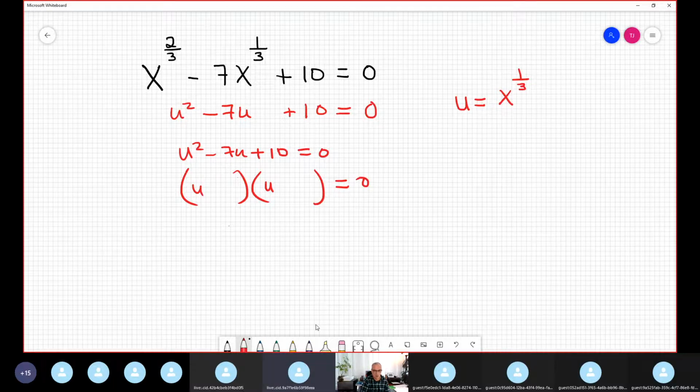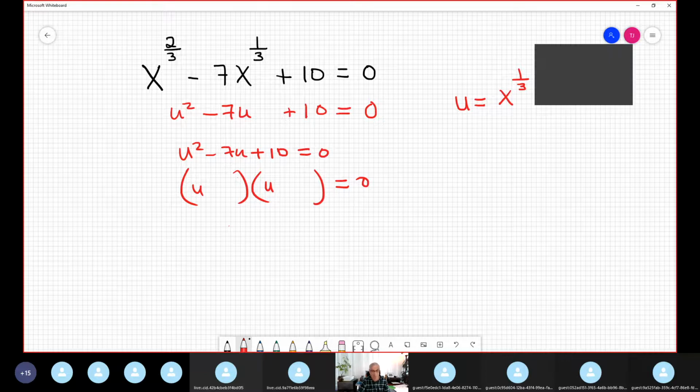5 and 2. 5 and 2. Very well. 5 and 2, she said. What sign, miss? Negative 2 plus 5? No. Both negative, right?